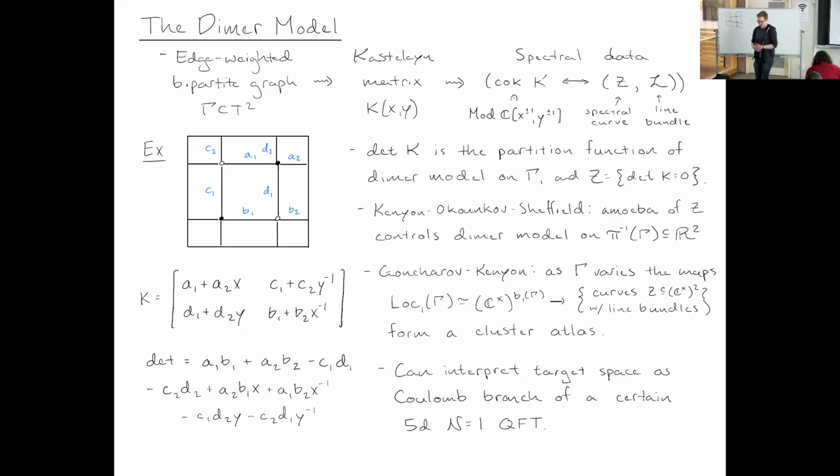And what they showed is that when you vary the graph in standard local ways, there's a move: if you have a square face of your graph, as we do here, I modify the picture by inserting a smaller square there.